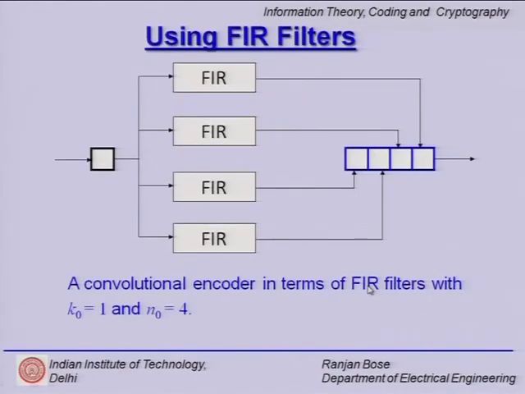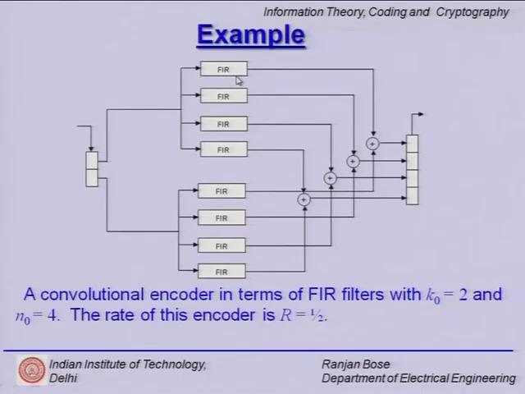So, we can have a very efficient FIR based representation. What you have is an input bit stream of which k naught is the symbol frame, input frame, we have FIRs here and then linked to the output. These FIRs are nothing but memory and logic.